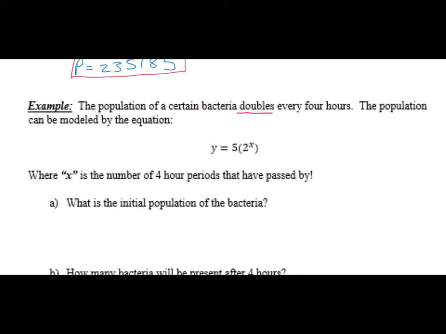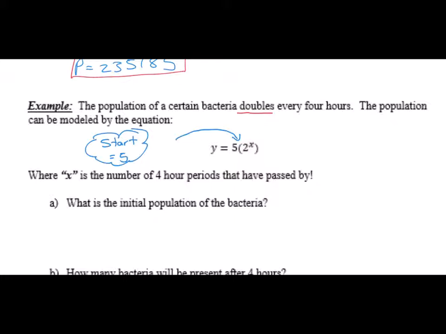The population can be modeled by this equation. If I put an arrow to the 5 here, the 5 represents the start. The colony starts with 5 bacteria based on our equation.